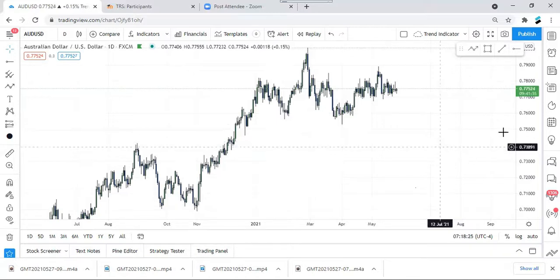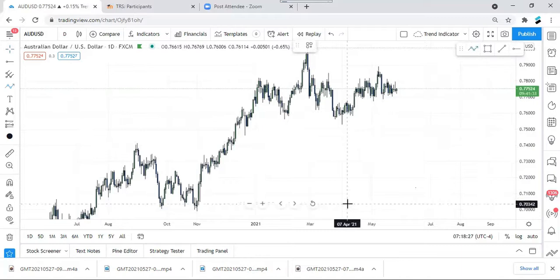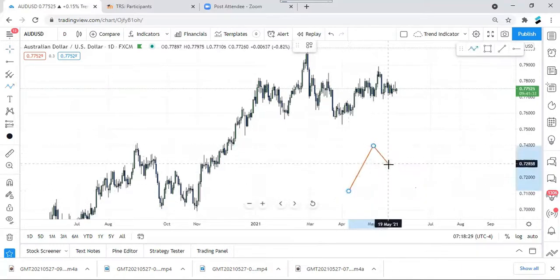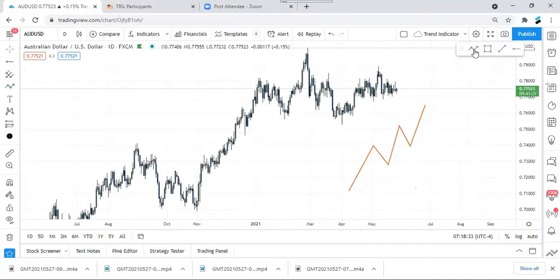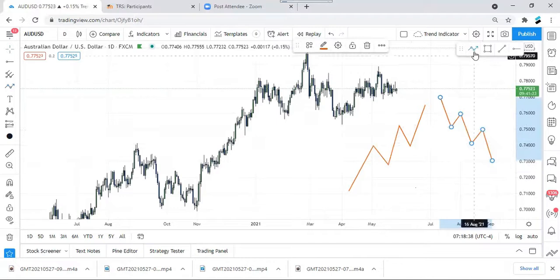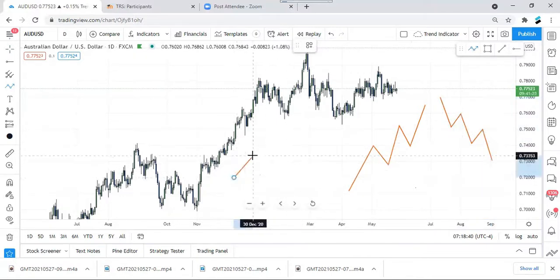Okay, so remember one thing now. The market can only be like this, uptrend, or downtrend. The market can be uptrend, downtrend, or consolidation, right? Only three types.